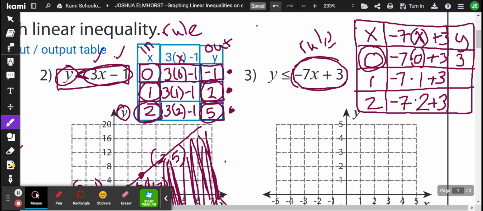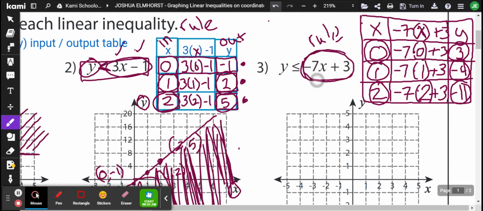So we have x is 0, y is 3. And we take 1 and we put 1 in here. 1 times negative 7 will be negative 7 plus 3, which is going to put us at negative 4. We have 2. Negative 7 times 2 is going to be negative 14. Negative 14 plus 3 is going to be negative 11.